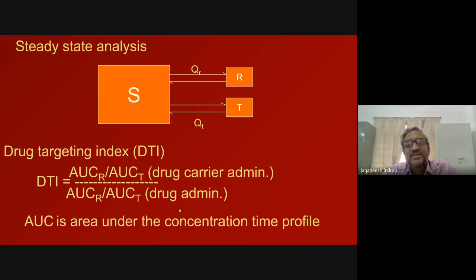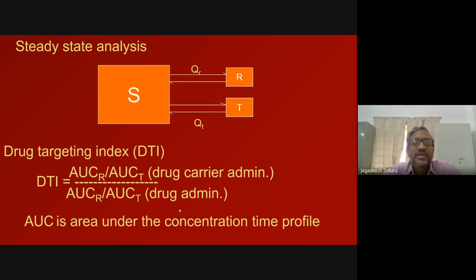We have administered a drug carrier, that means a specific gene therapy or targeting carrier like a liposome or a quantum dot or anything. In parallel, we observe direct drug administration without the carrier, and find the area under the curve at the organs of the particular tissue of interest, and we find the ratio.